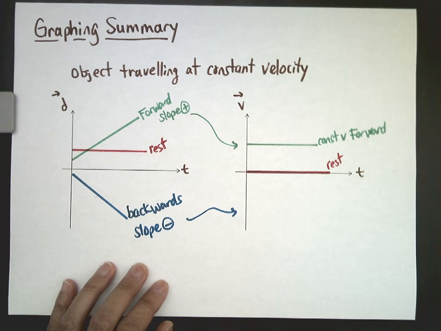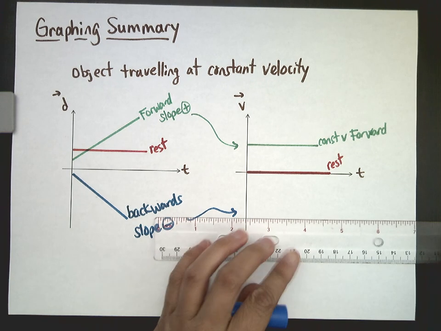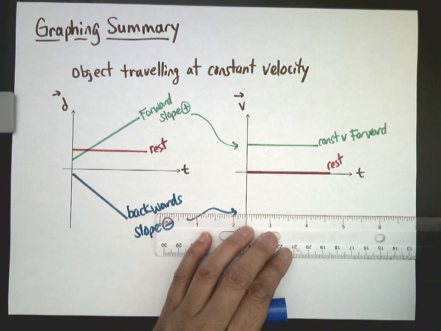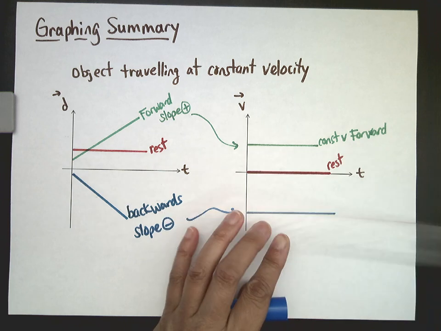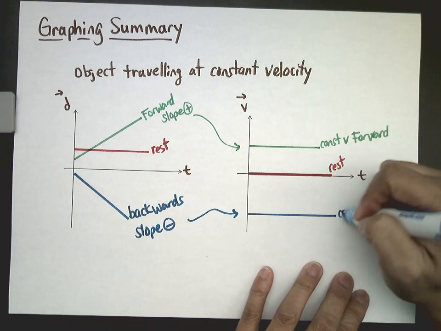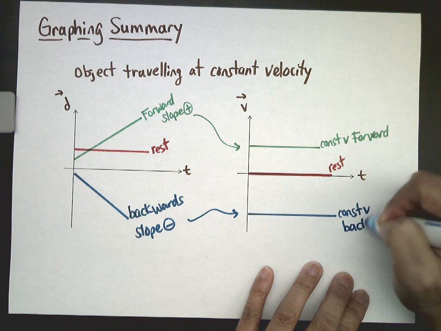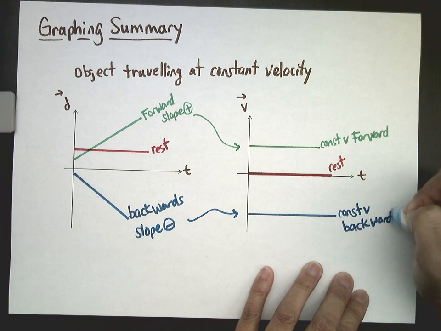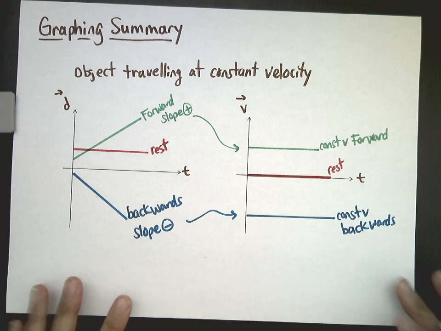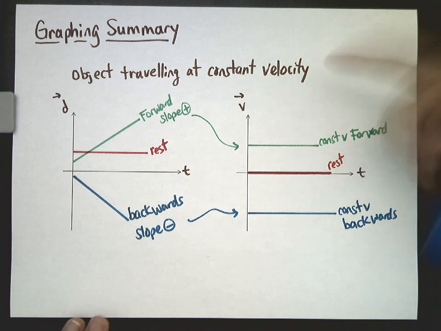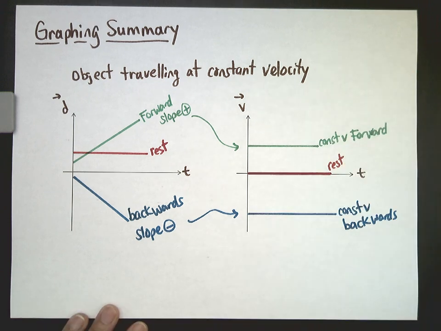When you graph it, then you will notice it will be below in the negative quadrant, like so. Constant velocity, and it's going backwards. You'll notice that any graph that has constant velocity, all these lines are horizontal.